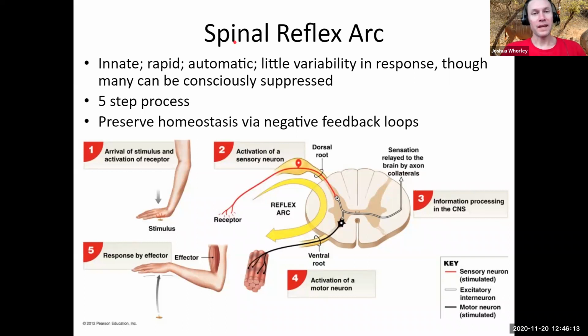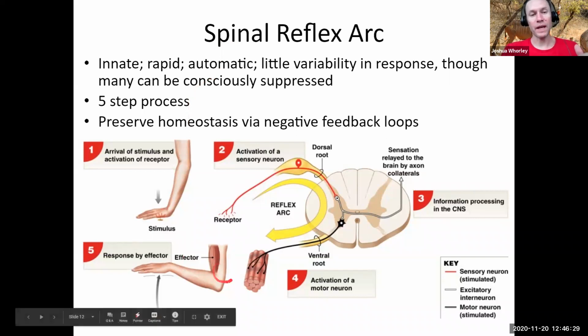Remember, in a negative feedback loop, the effector tries to reduce or reverse the direction of the stimulus. So the stimulus is this increasing pain by leaning on a tack. So of course the effector is going to behave in ways to reduce that pain, right? And this is the withdrawal reflex that's being shown here.